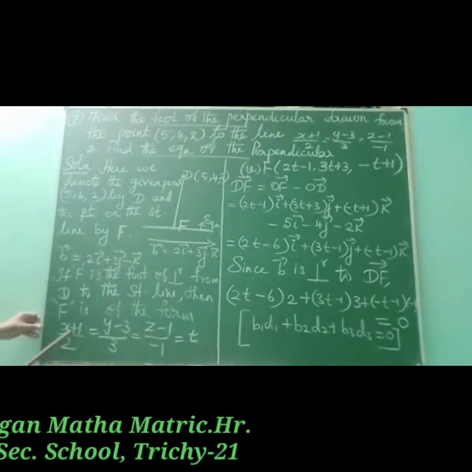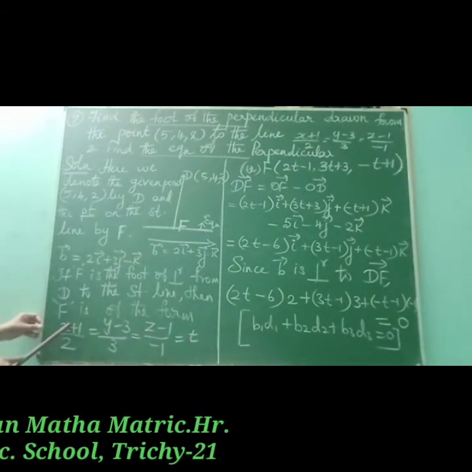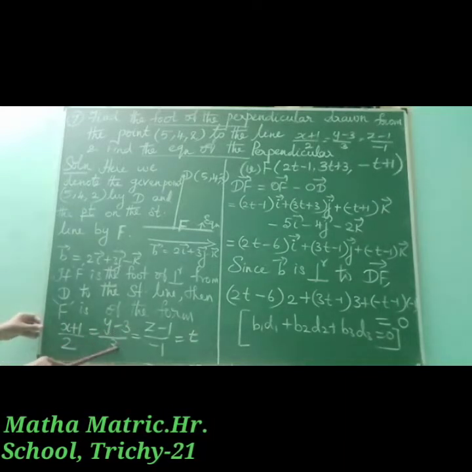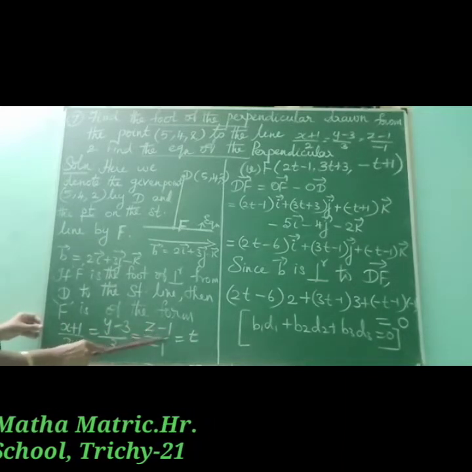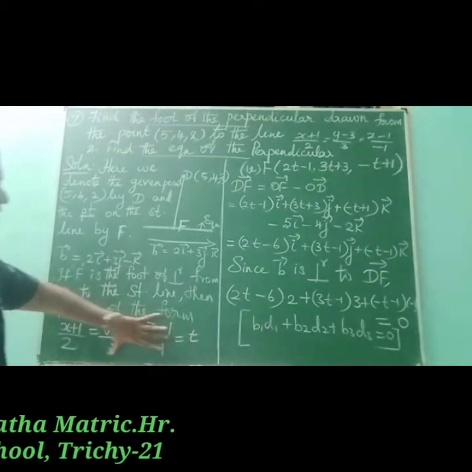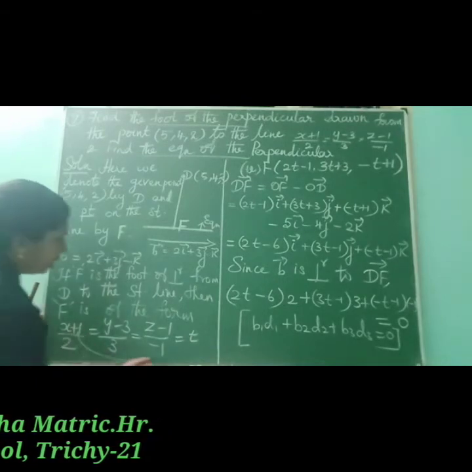So we are assuming the given equation equals one unknown variable t: (x + 1)/2 = (y - 3)/3 = (z - 1)/(-1) = t. From this we can identify one point.